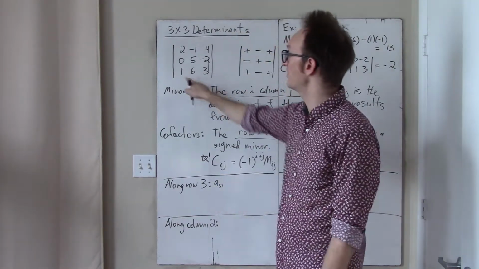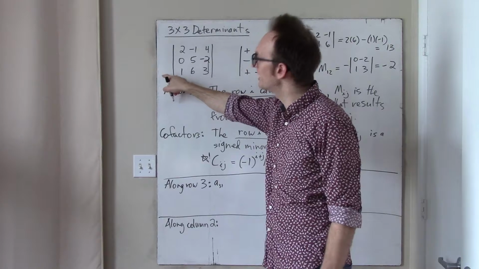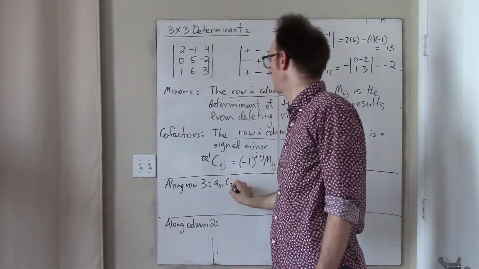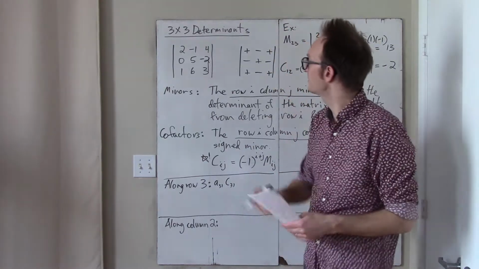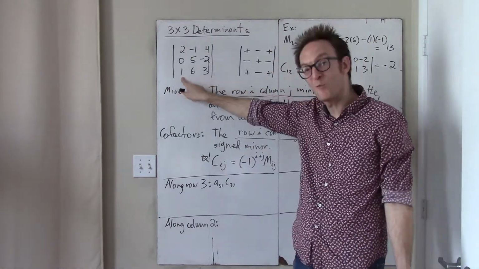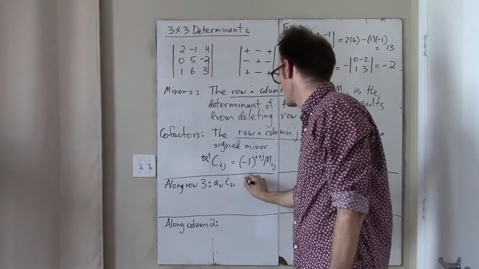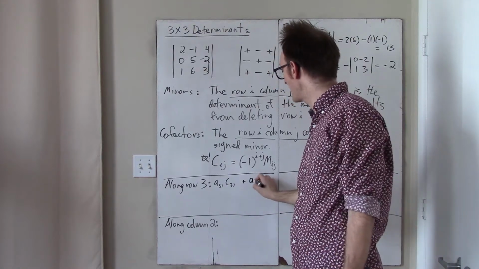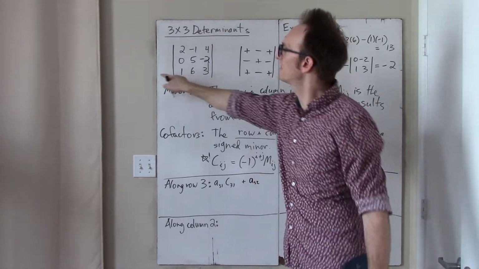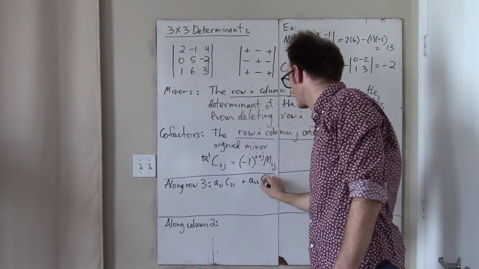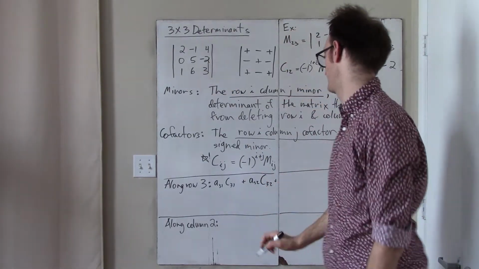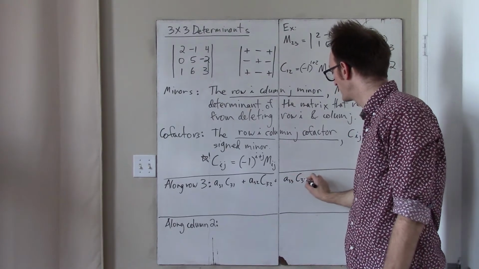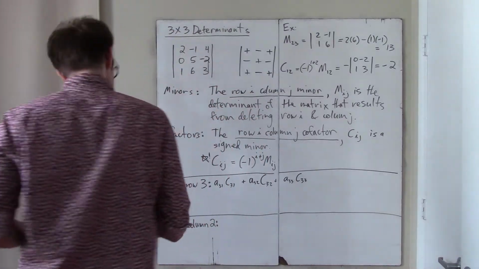I'm letting A31 be my notation for the entry in row 3, column 1, times the 3,1 cofactor. In other words, you multiply the number in this spot times the cofactor associated with that spot, plus, and then you just keep doing that along that row. So A32, in other words, the entry in row 3, column 2, times the cofactor associated with 3,2, and then plus A33, C33.